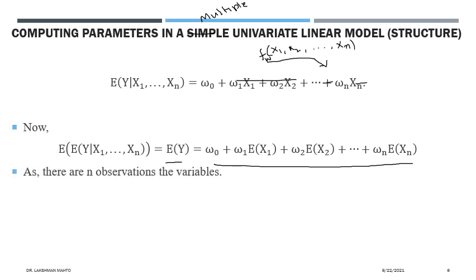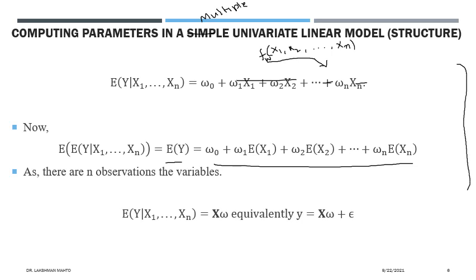Similarly, as there are n number of observations, these can be arrayed in matrix form as follows. So this representation, we try to take it this way, giving a compact representation. How? Taking x1 as the first column, x2 as the second column, and omega naught is also here.